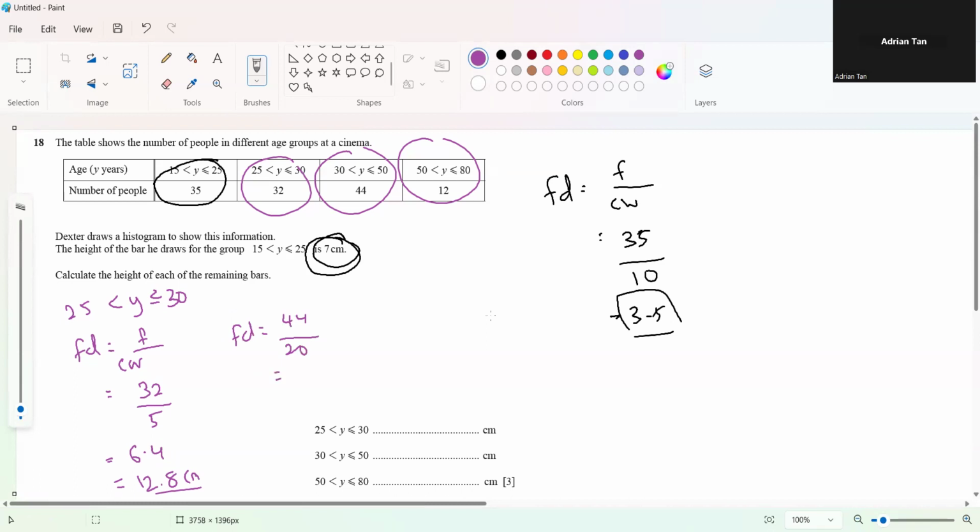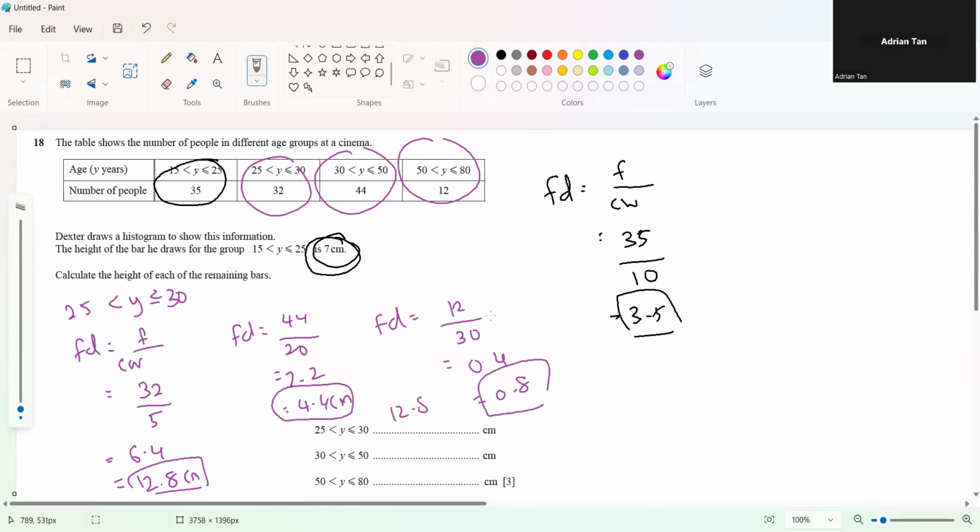So that is 2.2, and multiplied by 2 is 4.4 cm. And the last FD would be 12 divided by 30, so that is 0.4, multiplied by 2 is 0.8. So these are our three answers respectively: 12.8, 4.4, and 0.8. So that's done for all three.